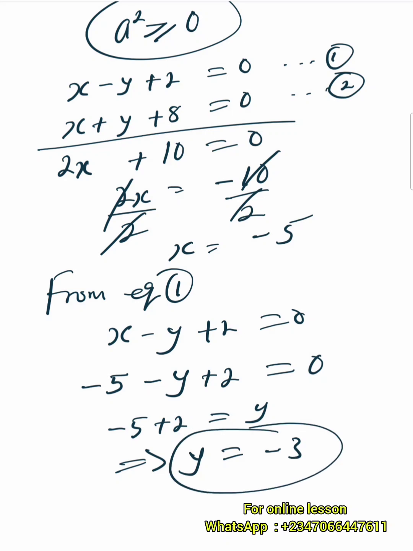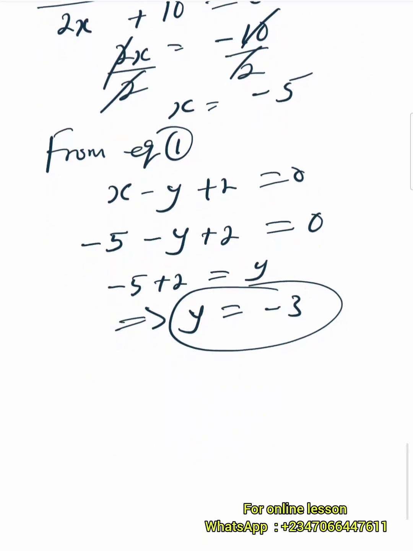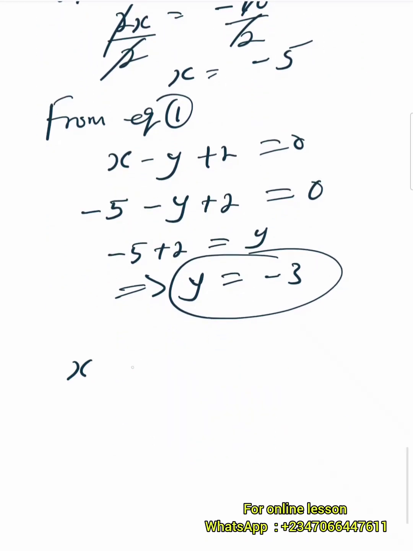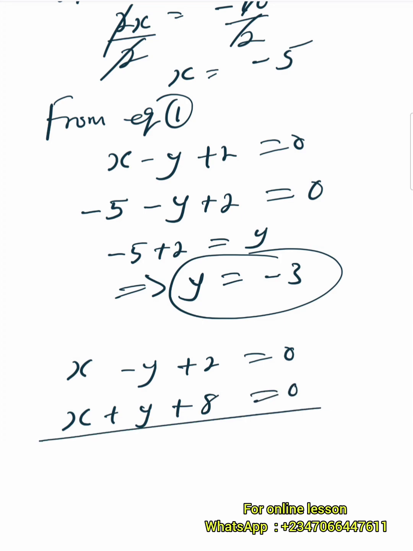But if you don't want to go this far, what you just need to do here is use subtraction. If you use subtraction, we can just get the value for y here. Since we have x - y + 2 = 0 and x + y + 8 = 0, and we are solving for y, just get rid of x.